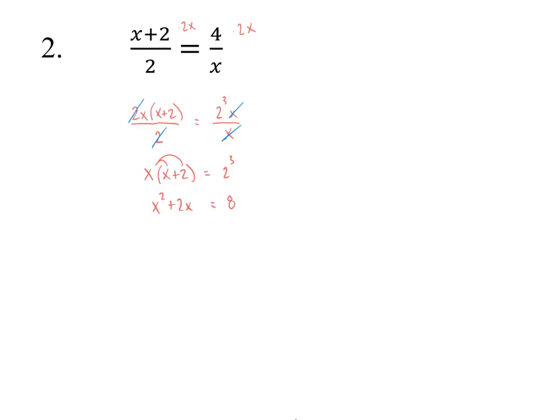Now we're realizing that there's a quadratic here. So we know we're going to have to use either the quadratic formula or completing the square if we can't double bubble. Let's see if we can double bubble first. We have to set it equal to 0. So let's subtract 8 from both sides, and we'll get x squared plus 2x minus 8 equals 0.